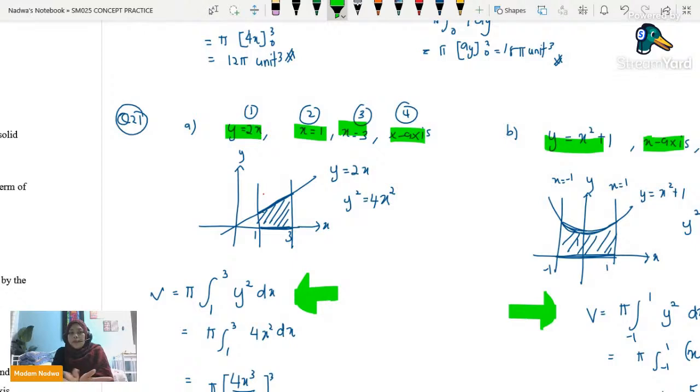Oh, 45 minit dah. So habis dah lah untuk tutorial yang pertama ni. Untuk tutorial yang kedua sebenarnya saya nak suruh awak tengok recorded video lecture yang topik 2 tu, 2.1 separable variable. So itu sahaja. This is our last tutorial for concept practice topic 1.